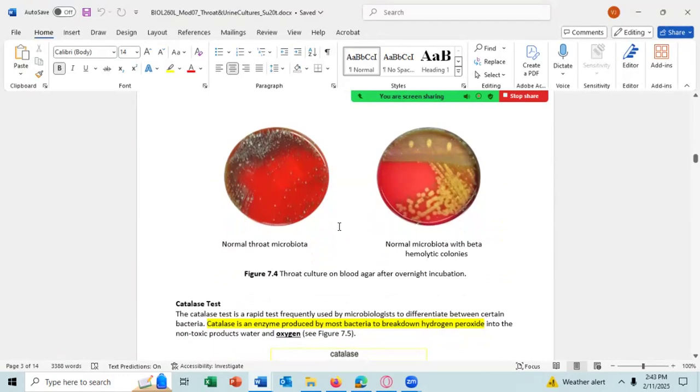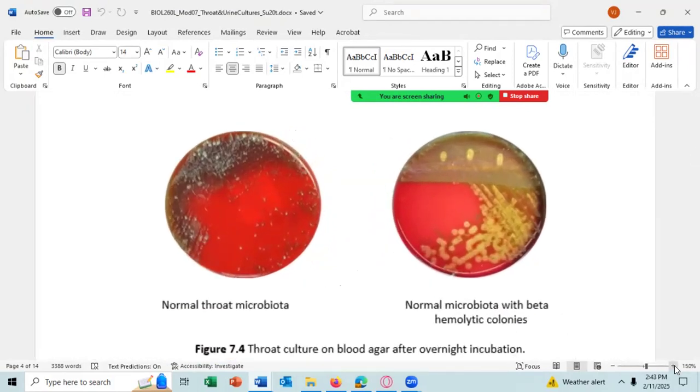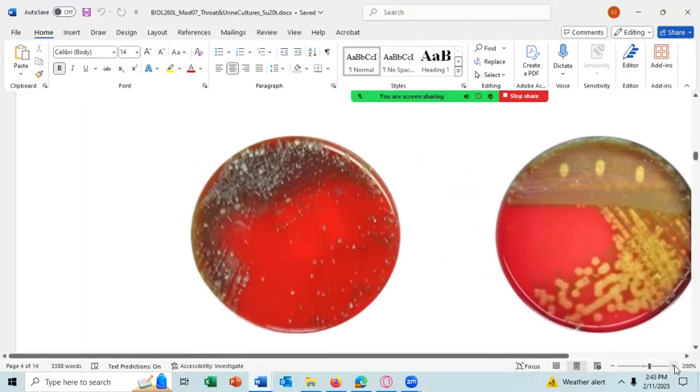So here we have blood agar not showing complete hemolysis, and right here we have blood agar showing complete hemolysis. As you can see, that little white spot is the bacteria, and the clear region around the colony is beta hemolysis.